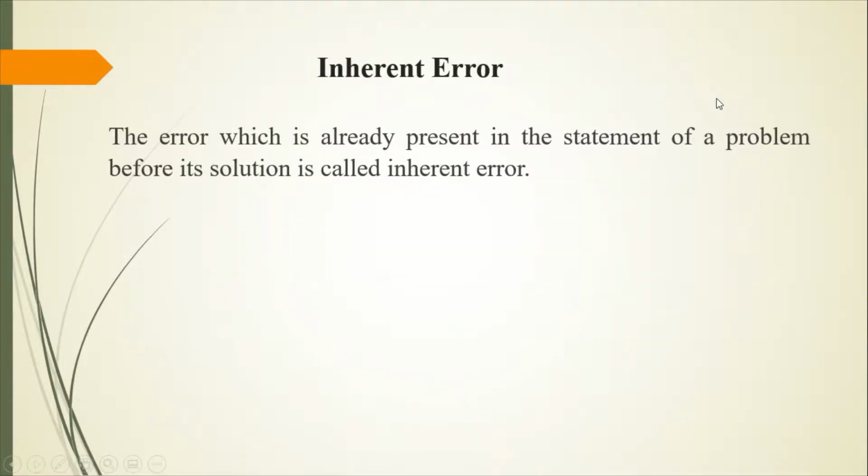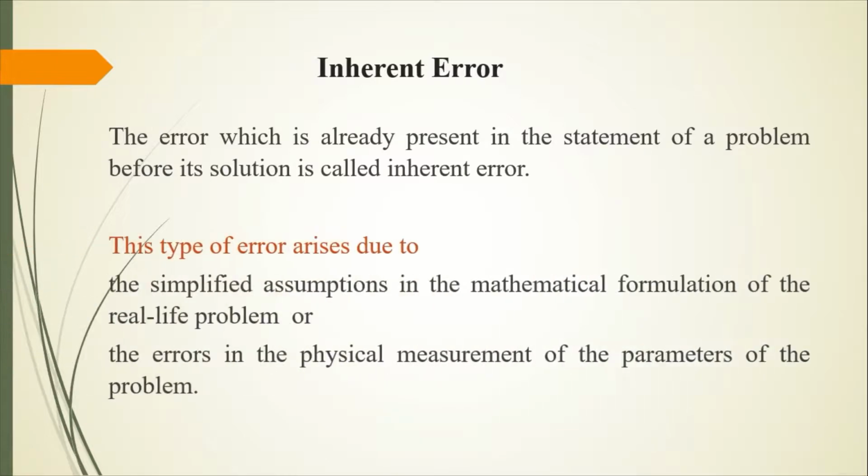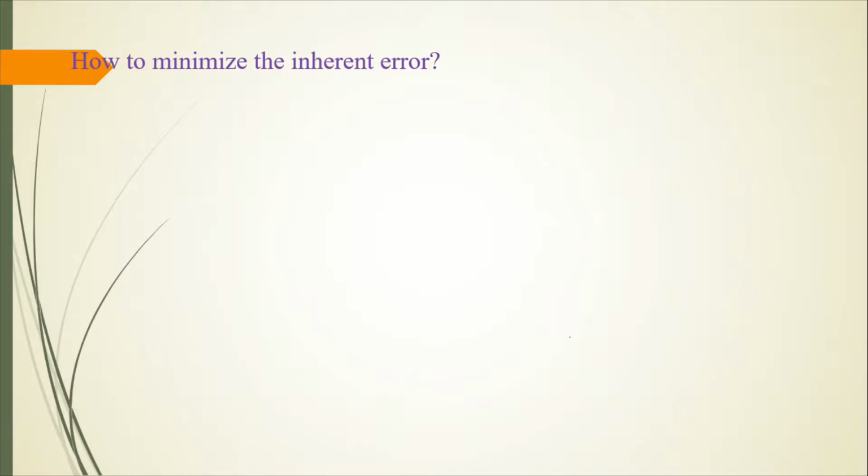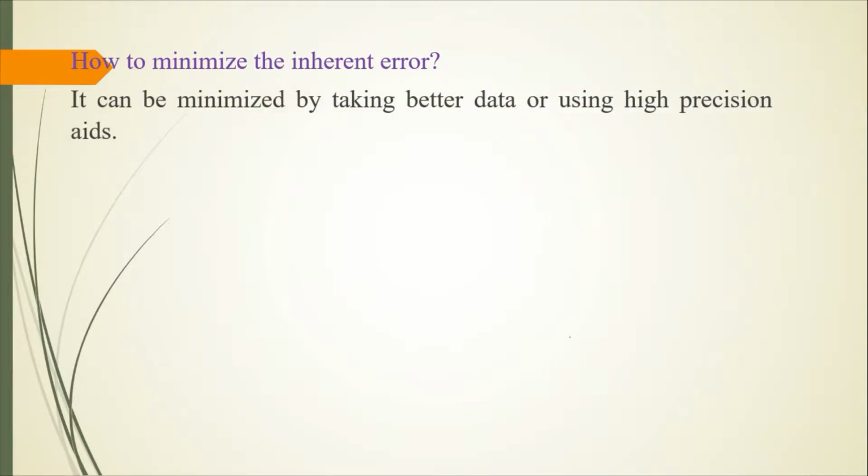Inherent error. This type of error is already present in the statement of a problem before its solution. Inherent error may arise due to simplified assumptions in the mathematical formulation of the real life problem, or errors in the physical measurement of the parameters of the problem. Now, the question is, can we minimize the inherent error? Yes, we can minimize the inherent error by taking better data which is free from error, or by using high precision computing aids.